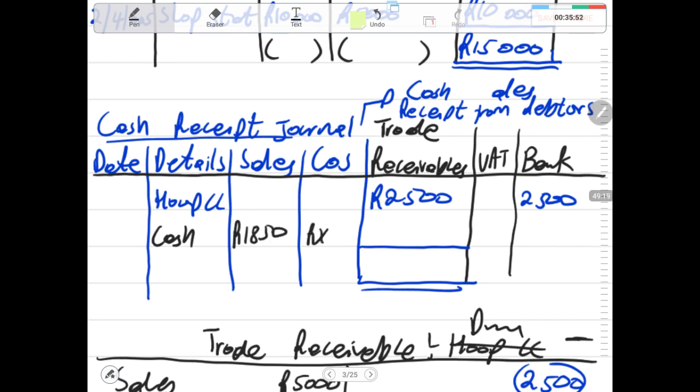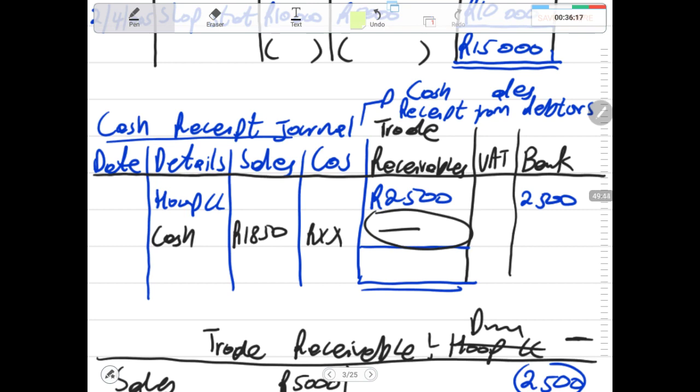I don't know how much was recorded as cost of sales. We would have recorded nothing here. Remember why? Because it was not a payment by a customer. So that means our trade receivables were not affected, meaning we did not indicate that the customer has paid us, because it was treated in the cash receipt journal as a cash sales transaction.